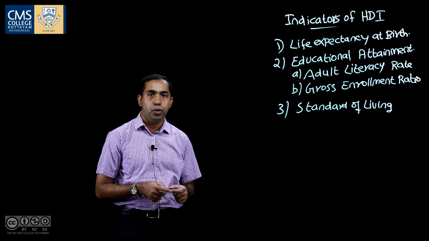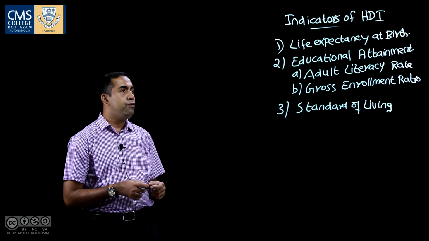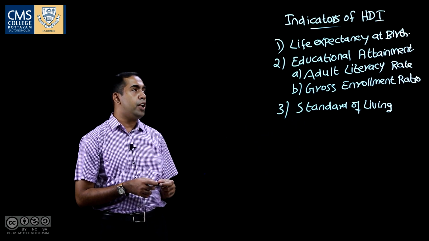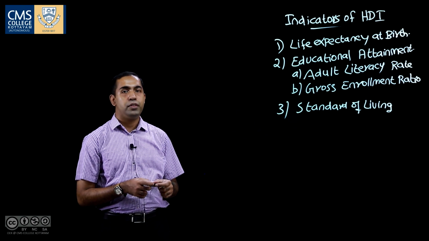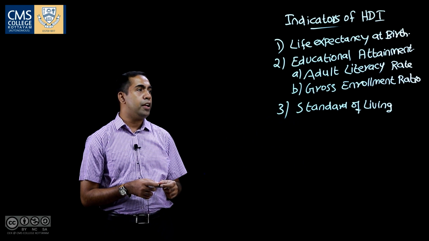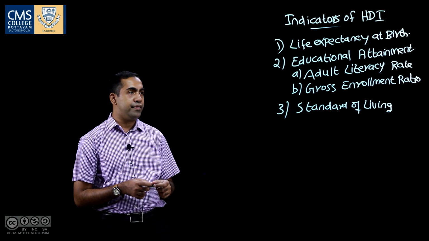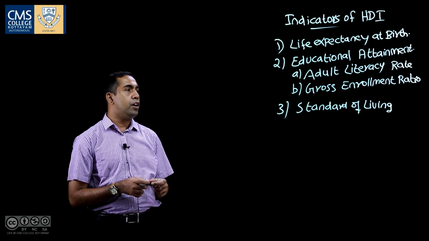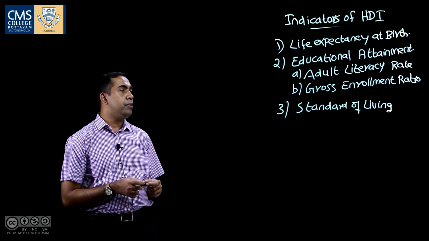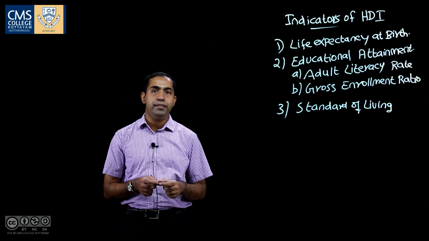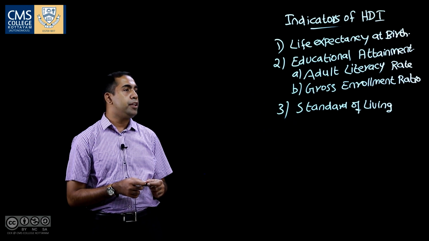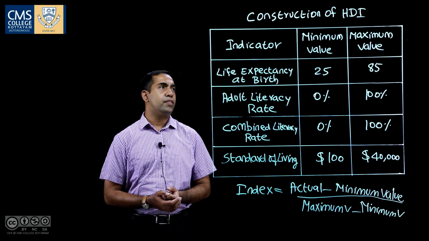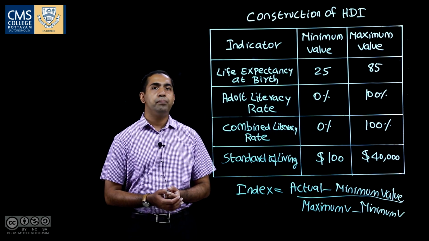Second one is gross enrollment ratio, which denotes the enrollment of students at primary, secondary and higher education levels. Third comes the standard of living, which measures the real per capita income of people based on purchasing power parity terms. So next is regarding the construction of HDI.